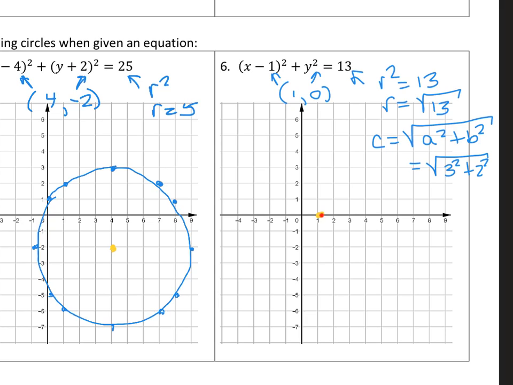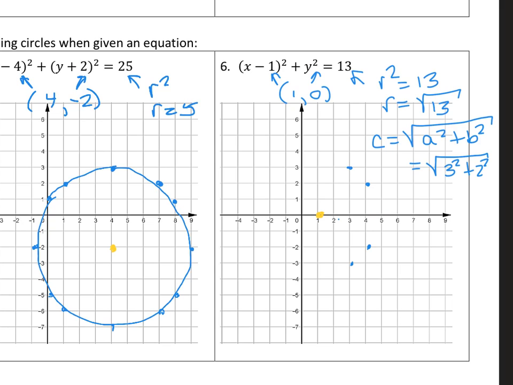So what do I mean by that? From this center, if I go over 2 and up 3, that's going to be right on my circle, or over 3 and up 2. And symmetry, you're going to have everything symmetrical around that center.